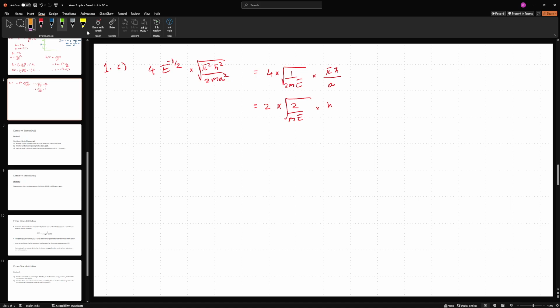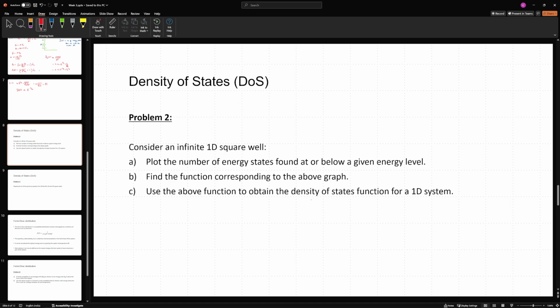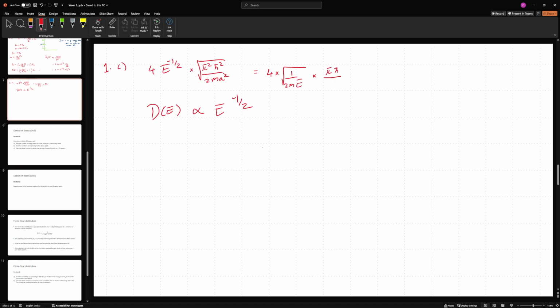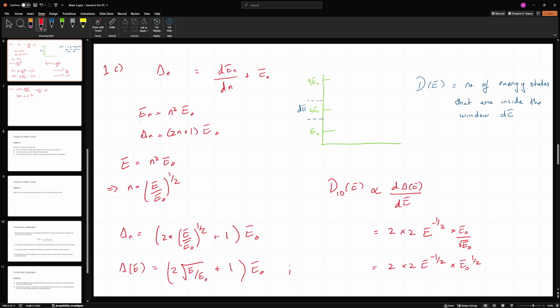Now, from this, I definitely know D of E is proportional to E to the power minus half. So rather than deriving the density of states directly by using this method, here I have not done very much.